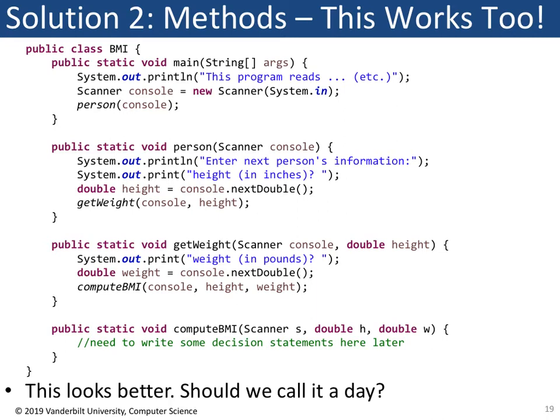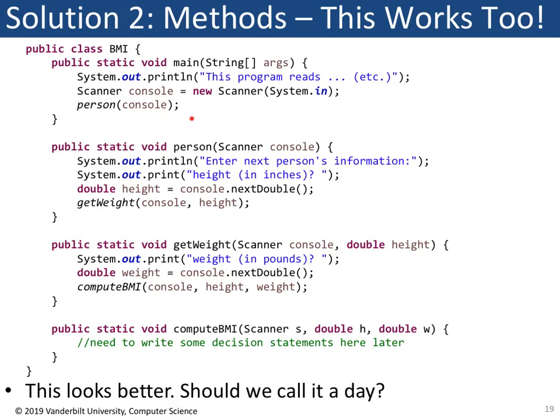Even though the decomposition looks okay, consider how they went about doing it. These actually string together in sequential order. The main method calls the person, calls the getWeight, calls the computeBMI. So none of these are able to be used without all of them being used, right?